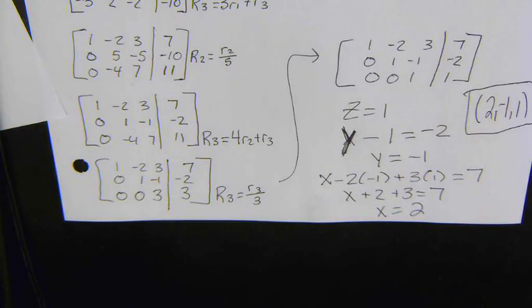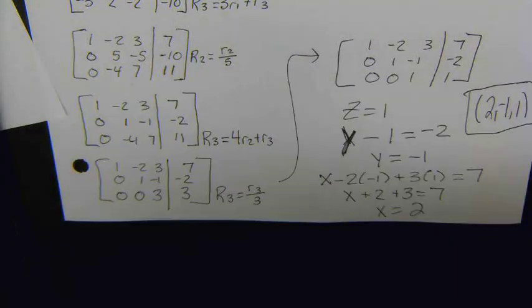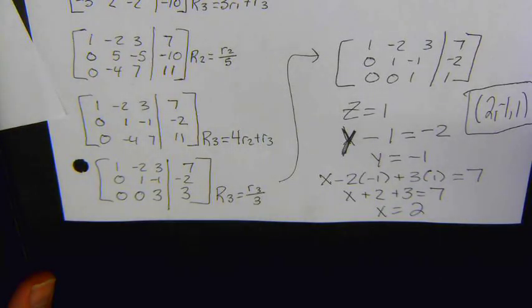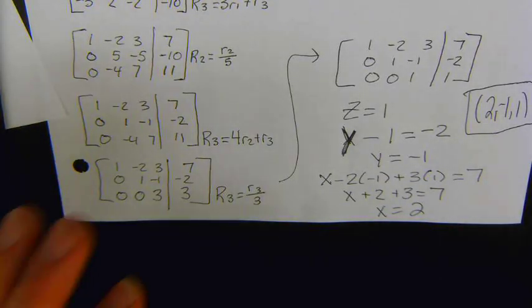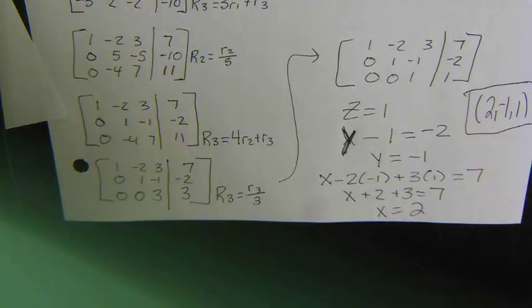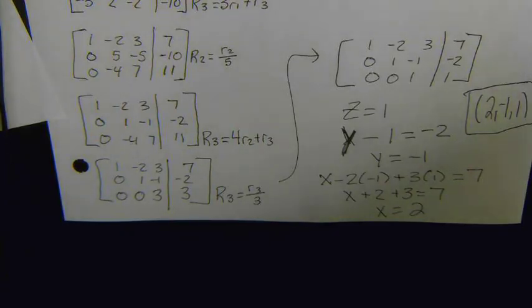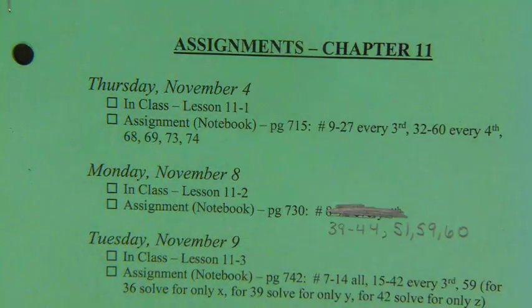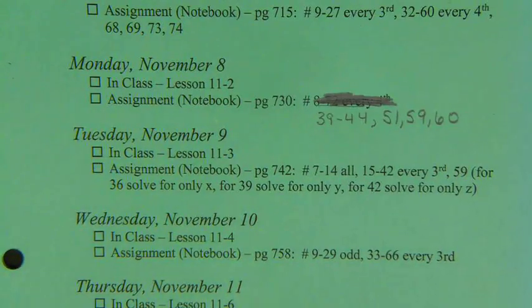All right, so that is the notes. That's what you need to know. Here is the assignment. It's being altered quite a bit. So, the new 11-2 assignment is page 730.